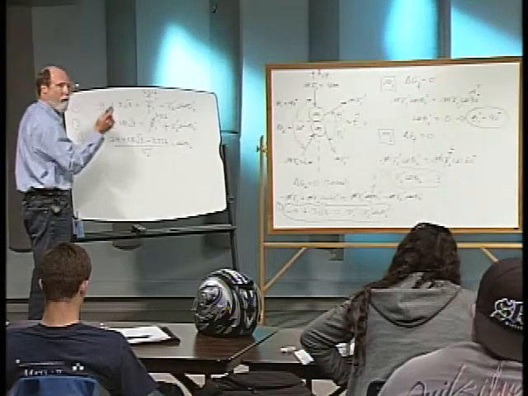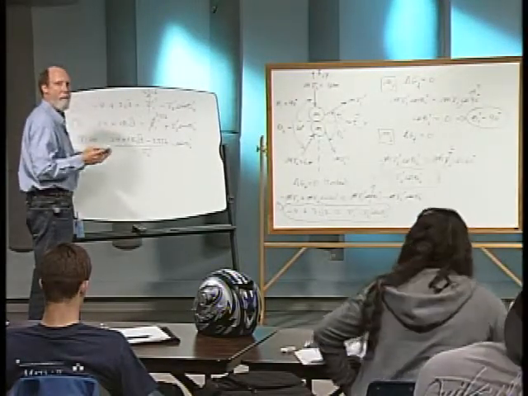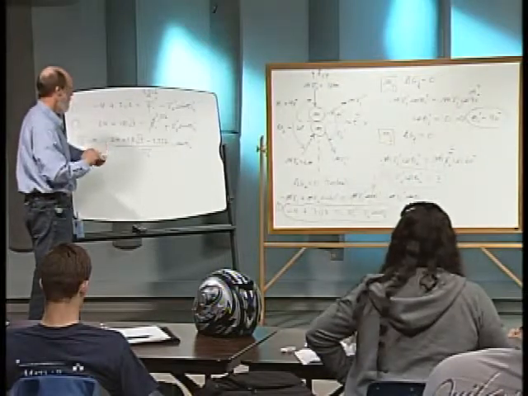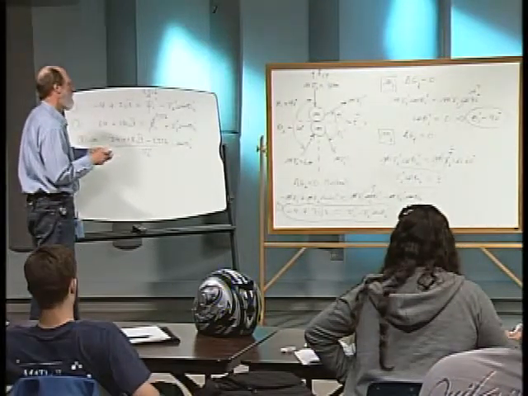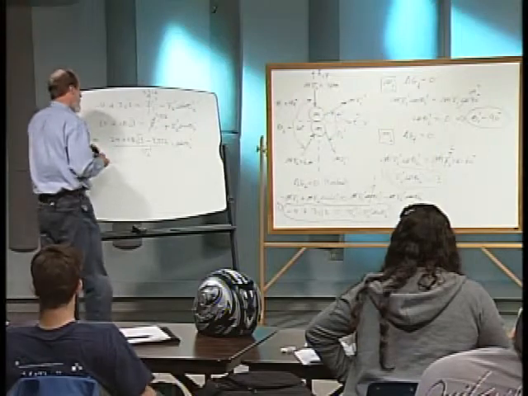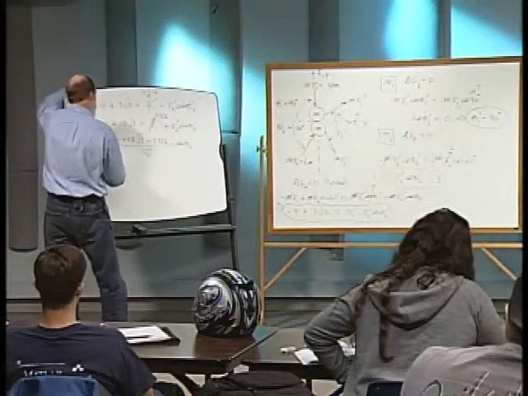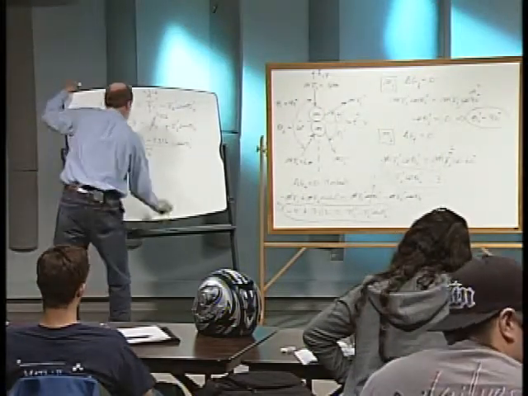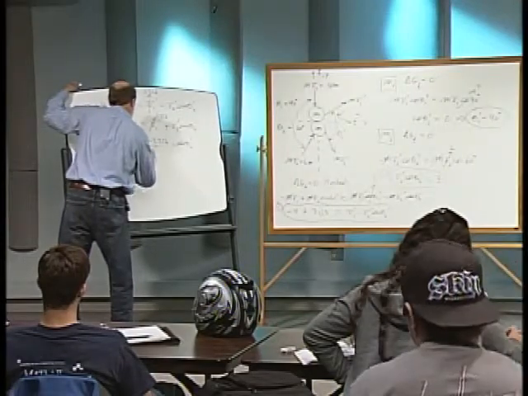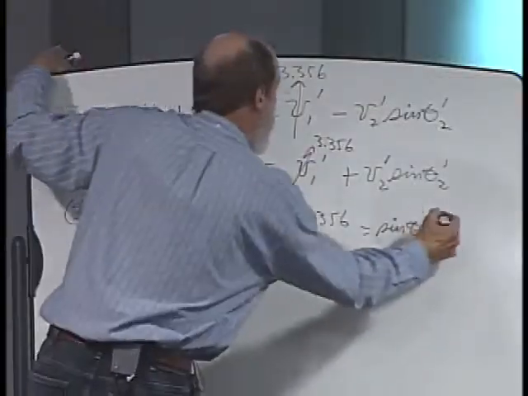What was the suggestion I heard back there? If you solve for V2 prime in your first equation, and then you substitute it in, you'll get a tangent. There we go. Right. Thank you. So v2 prime, and matter of fact, let me leave this equation with the v2 prime over on the other side then.